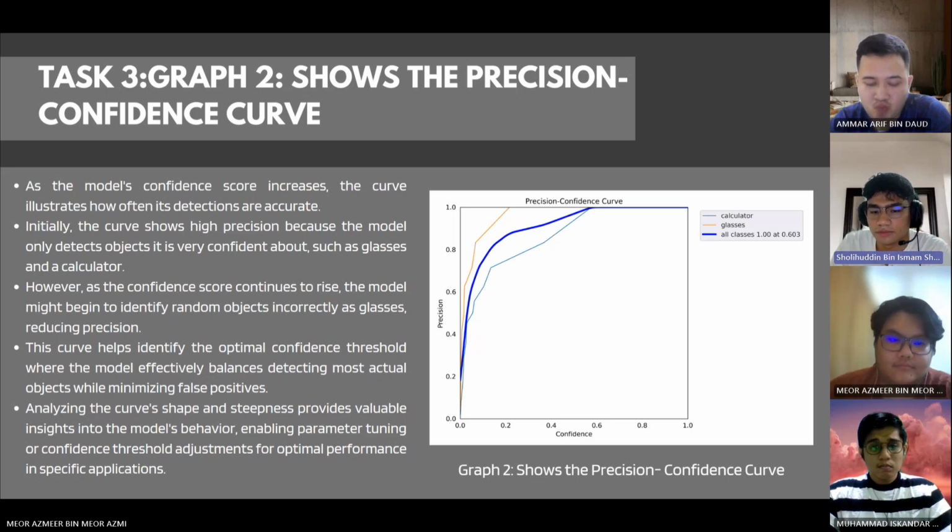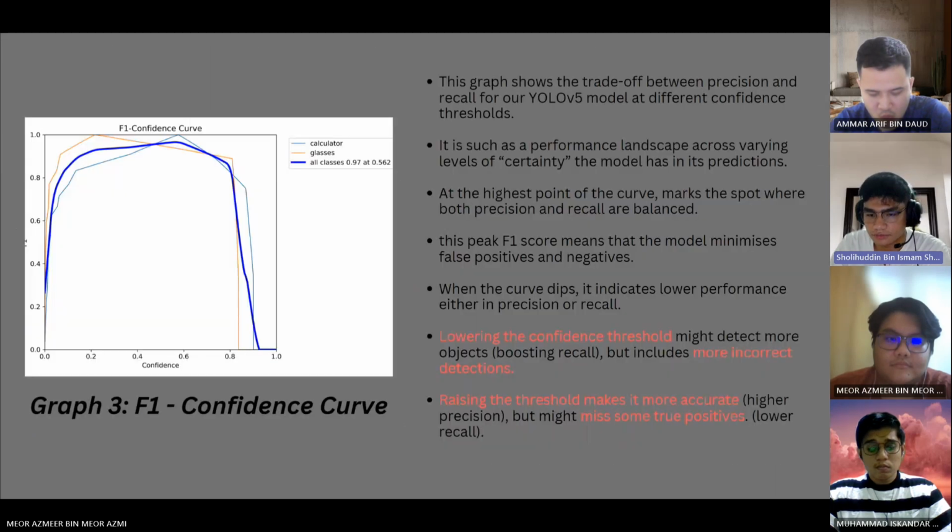This curve helps identify the optimal confidence threshold where the model effectively balances detecting most actual objects while minimizing false positives. Analyzing the curve shape and steepness provides valuable insight into the model behavior, enabling parameter tuning or confidence threshold adjustment for optimal performance in specific applications.